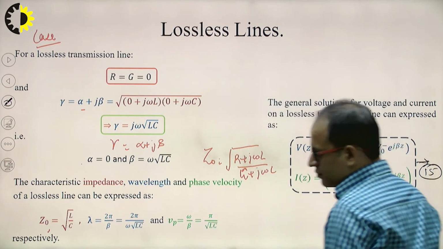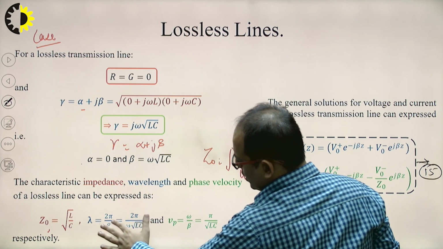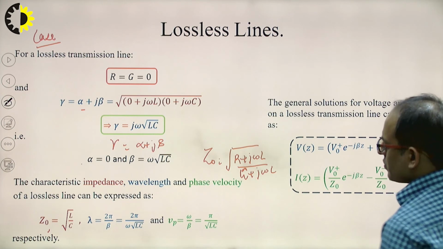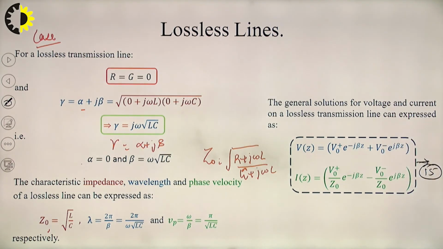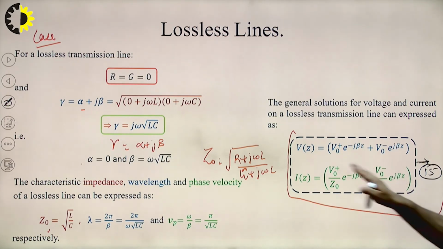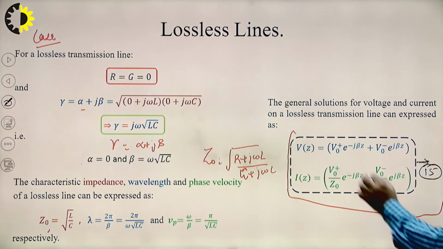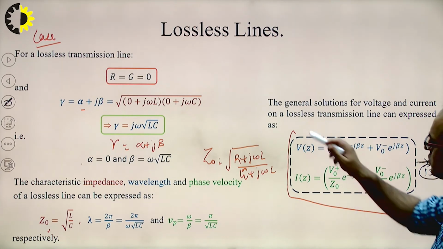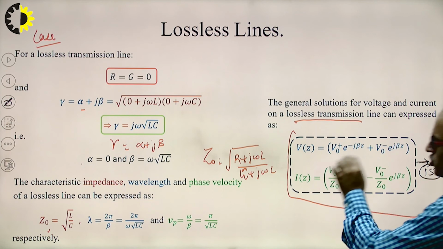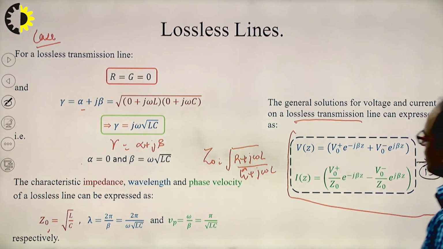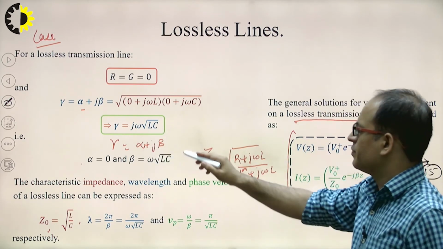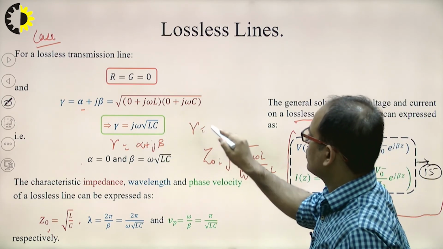Clear? Now on putting the wavelength, that is 2 pi by beta, put the value of beta here, and the phase velocity, that is omega by beta. Clear? So overall the solution for the transmission line is V of z equal to V plus e to the minus gamma z plus V minus e to the gamma z. This one is for the lossless transmission line. The real part is 0, meaning alpha equal to 0, so gamma is equal to j beta.